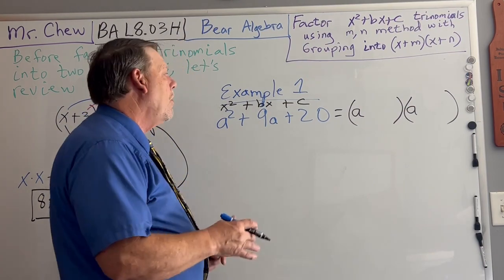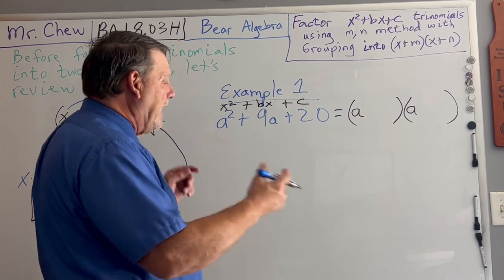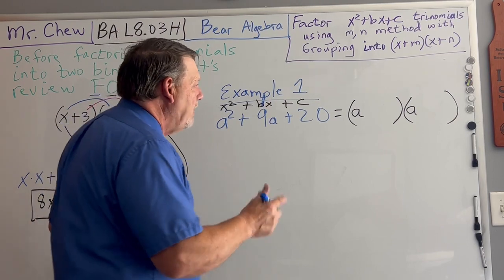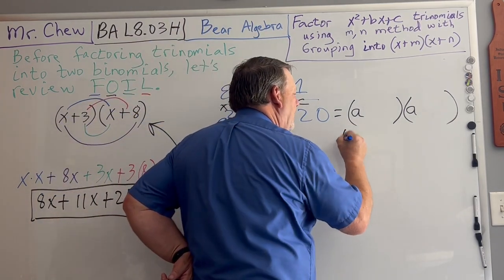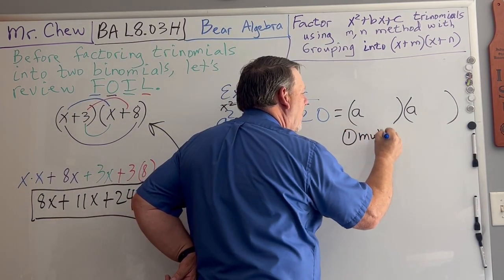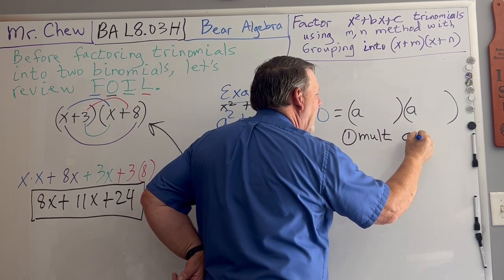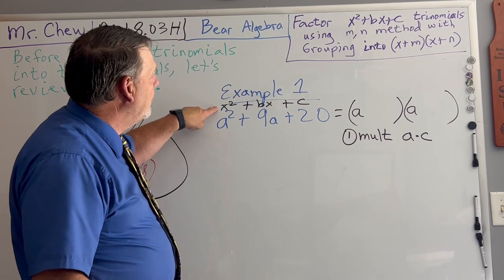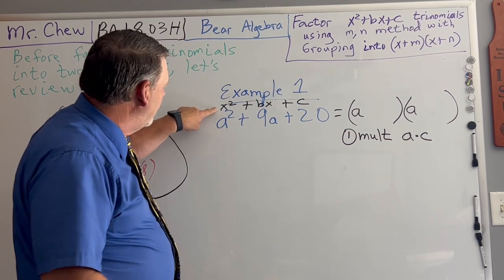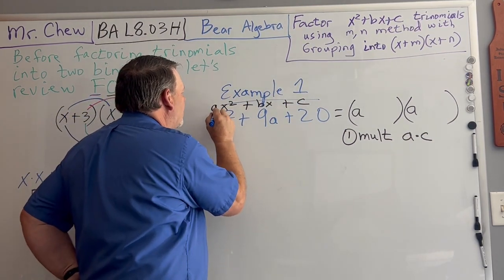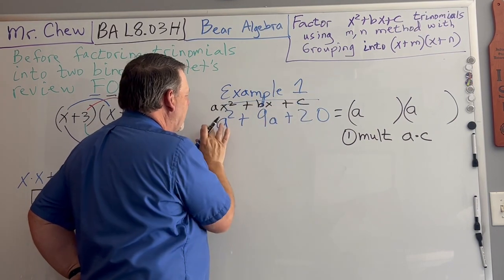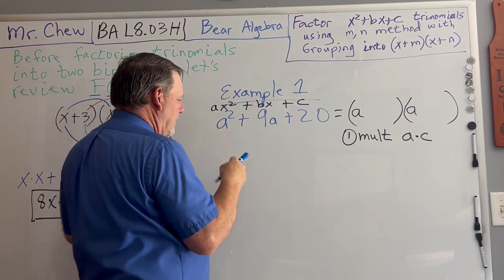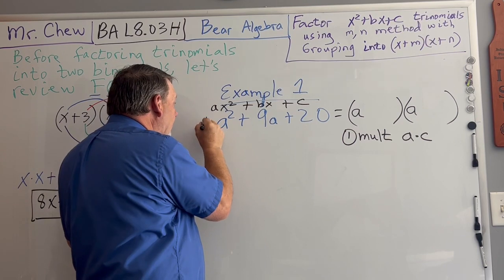All right, so let's see how we can do it. Step one, you're going to multiply A times C. Remember, your A was out in front here. This was an ax squared. And then A times C is just going to be 1 times 20, because this has a 1 out here.